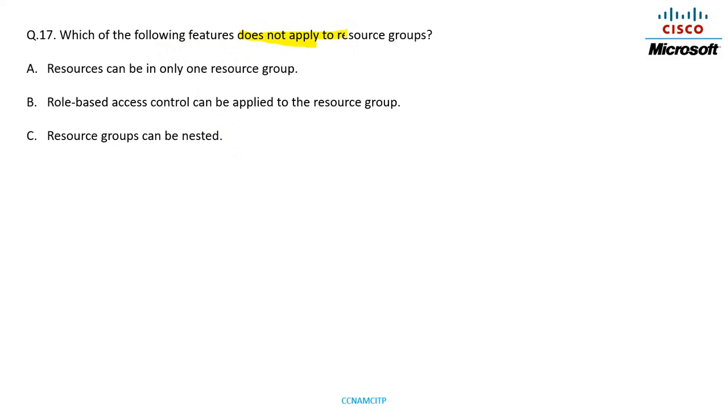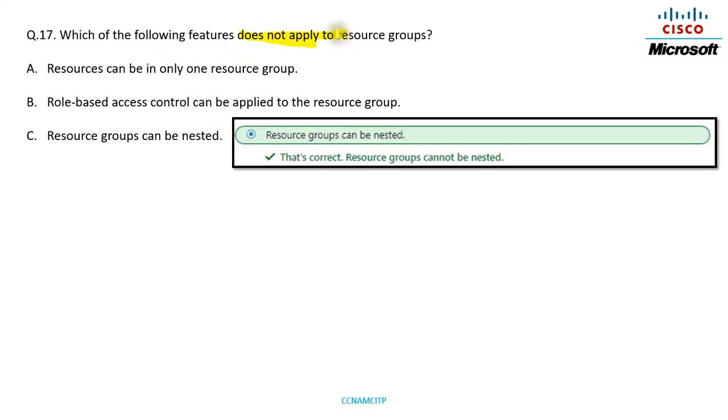Okay, so C is your answer. The answer is resource group can be nested. It is telling you it can be nested, but it cannot be nested. Okay, resource groups cannot be nested, so you have to select this option because it does not apply to resource group.